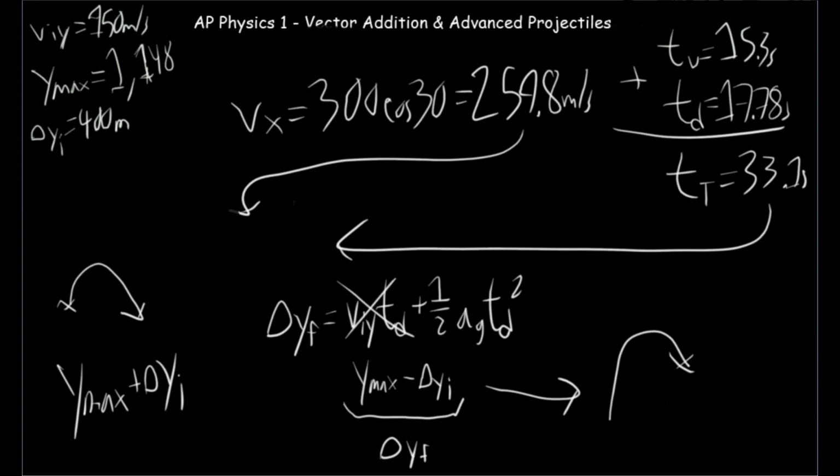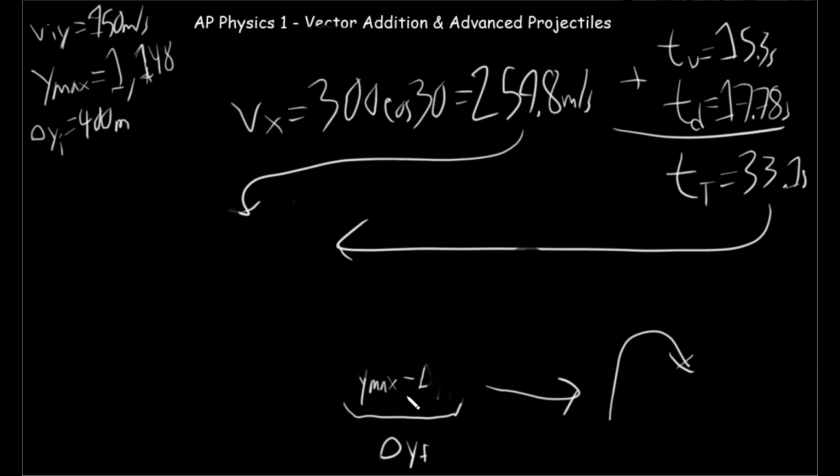This is equal to 0. And then you just rearrange the equation algebraically, and then you would do everything we just did the same way. Just a teeny tiny difference.